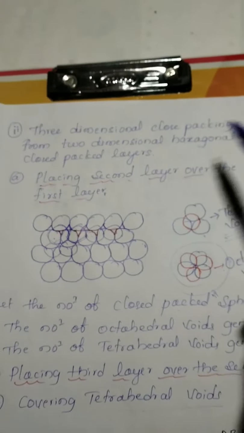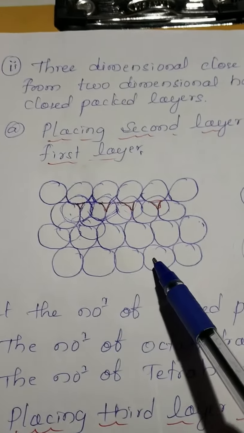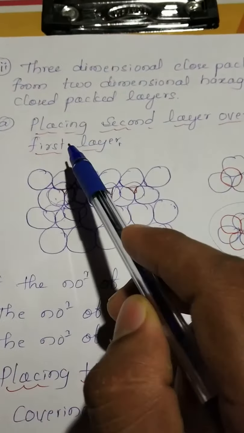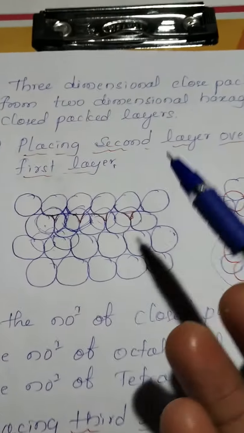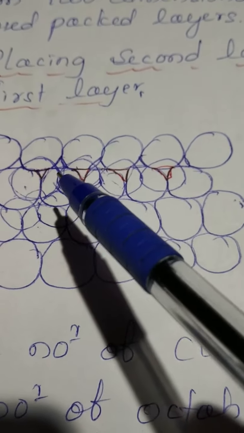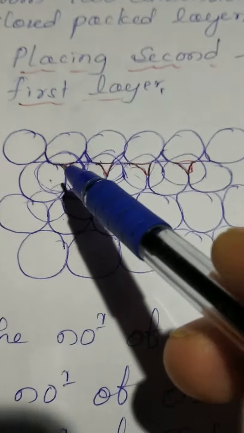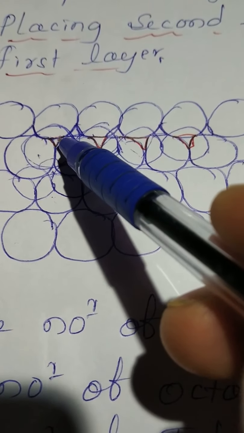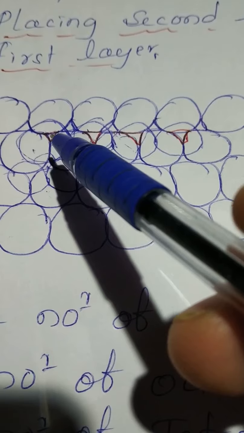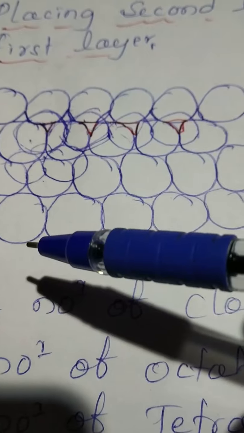Now see here, again come to three-dimensional close packing from two-dimensional hexagonal close packed layer. Here I have taken a two-dimensional hexagonal close packed layer first. Now place the second layer over the first layer in such a way that the spheres of the second layer cover the triangular voids whose apex is pointing downwards.